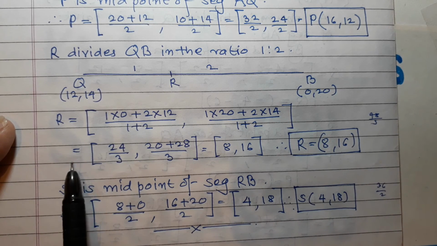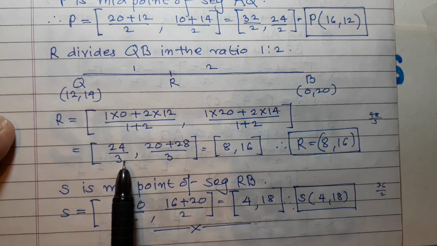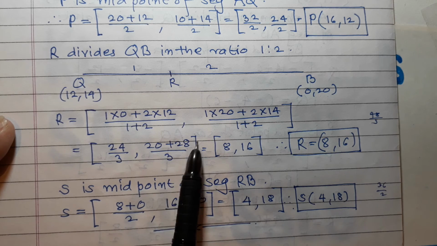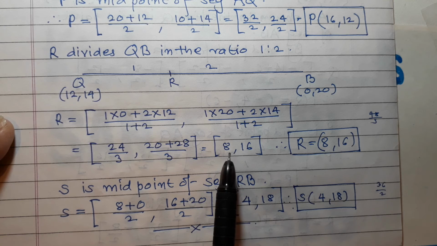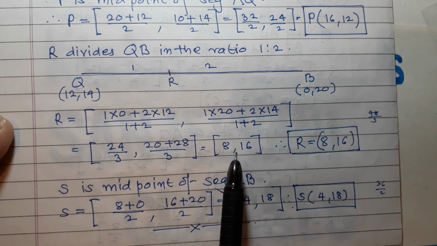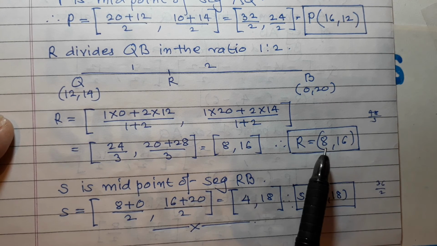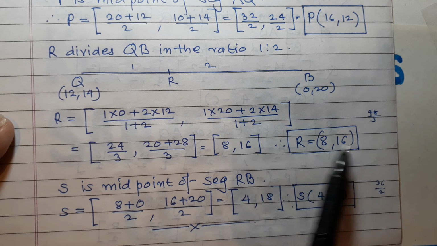Simplify. R is equal to (24/3, (20 + 28)/3), and therefore R is equal to (8, 16).